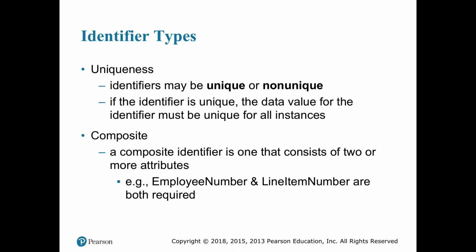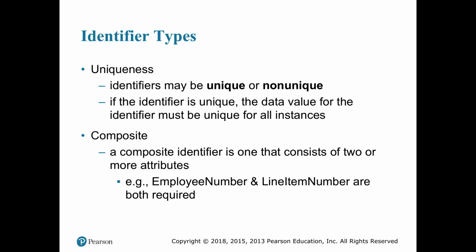A composite identifier consists of two or more attributes. What this means is, let's say you have some type of uniqueness about that table. If you use a composite, you have multiple attributes that tie into each other that make that table unique.